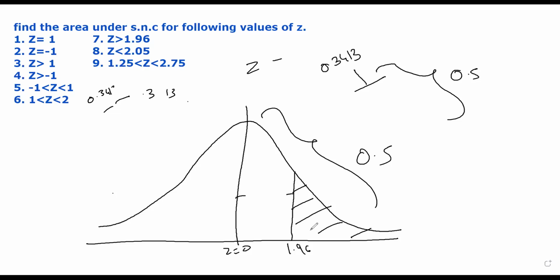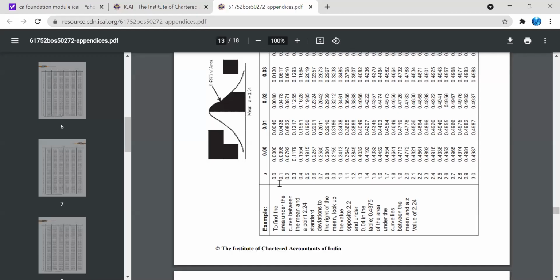So I'll find the area between 0 and 1.96. How to find it? For 1.96, we look up 1.9 in the x column. Where is 1.9? Here.